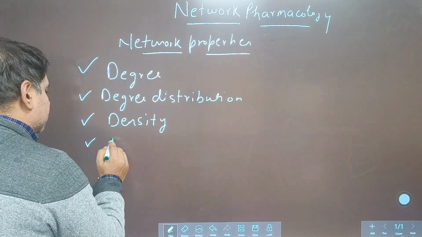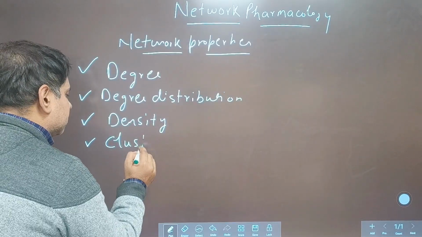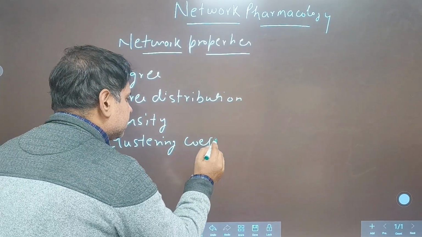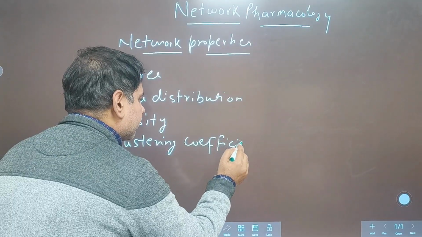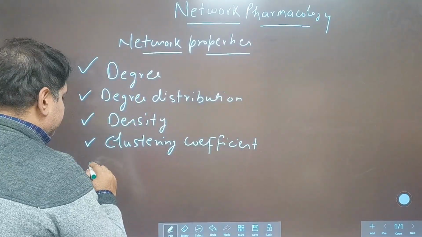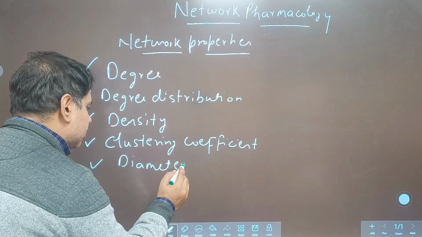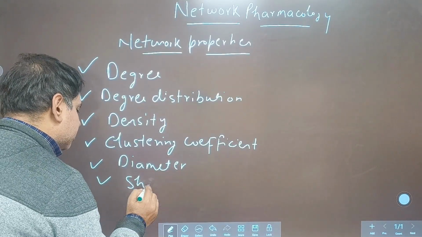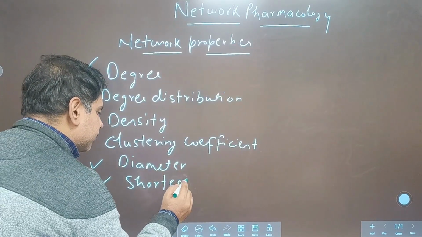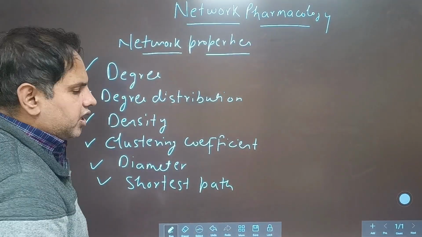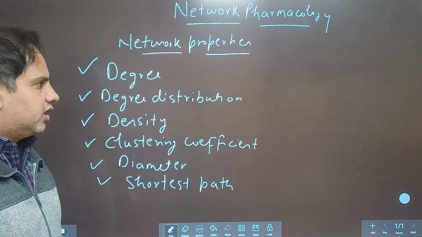Then there are clustering coefficients. Then there is diameter. Then there is the shortest path. And there are centrality measures that we will discuss in the next lectures.